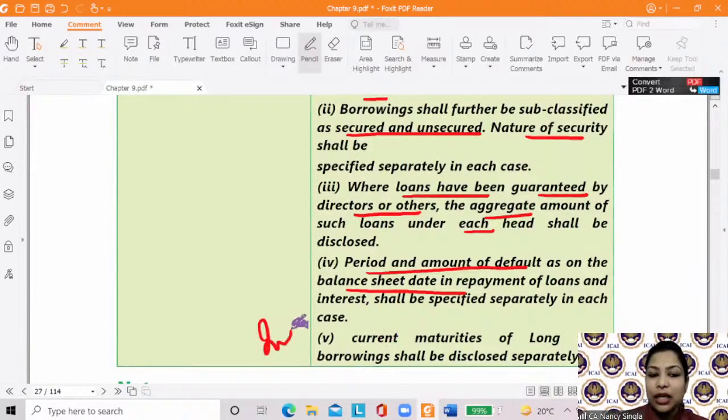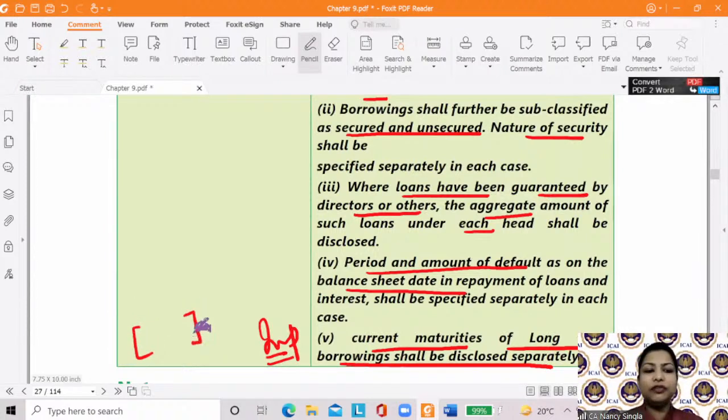Then very, very important, current maturities of long-term borrowings shall be disclosed separately. Earlier it was under what? Long-term borrowings itself. Now it has been shifted to short-term borrowings. The way I told you in parenthesis, if any installment has to be given with respect to a long-term loan within the next 12 months.